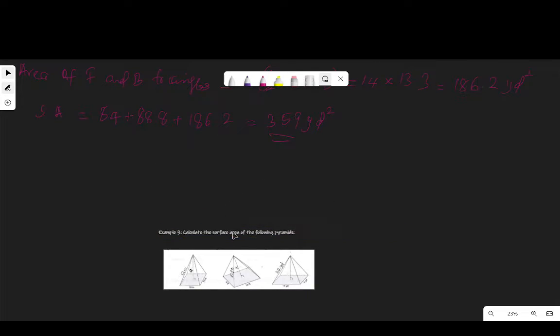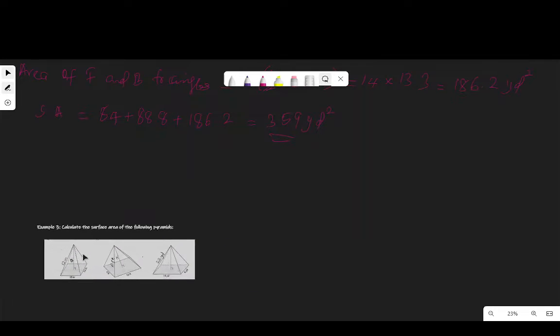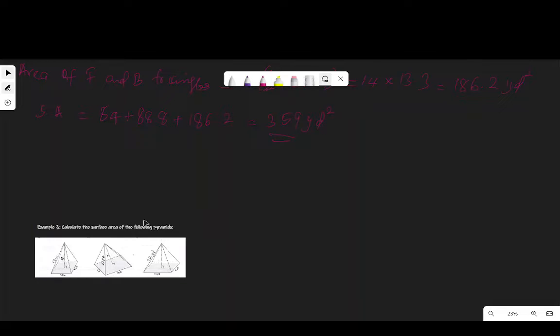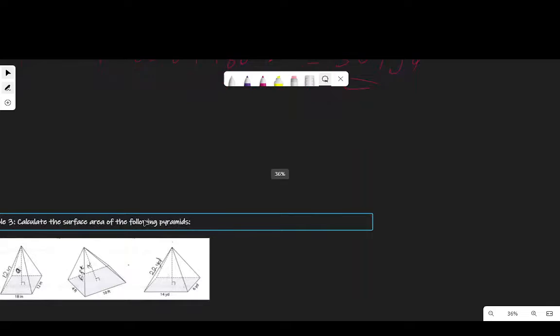For example 3, I have this. Let me zoom in so we can see the diagram clearly.